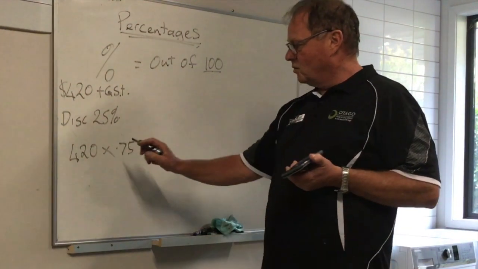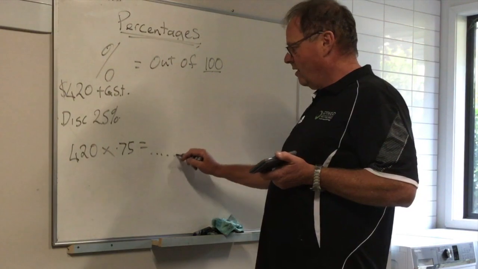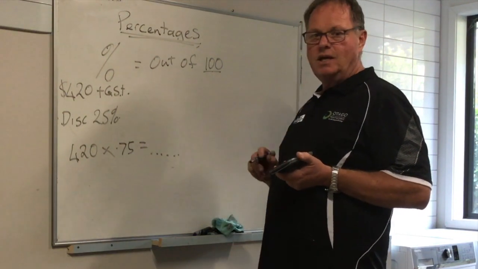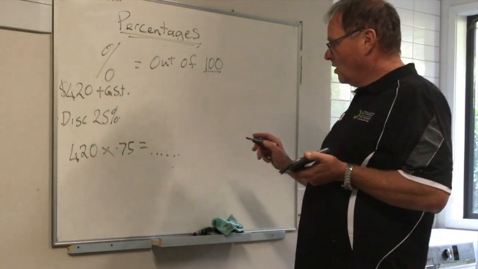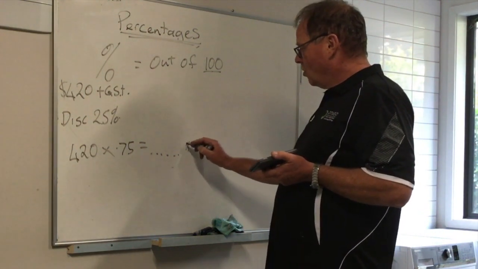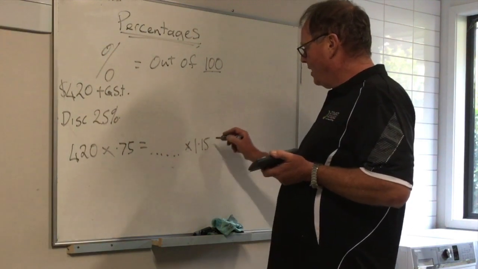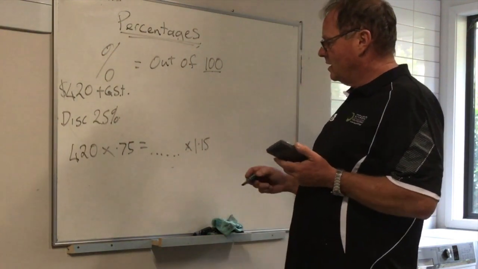So we're going to go 420 times 0.75 equals, and that'll give us our excluding GST, and then we add the GST on last. So when we've got that figure, then it's going to be times 1.15, and that's our 15% GST.